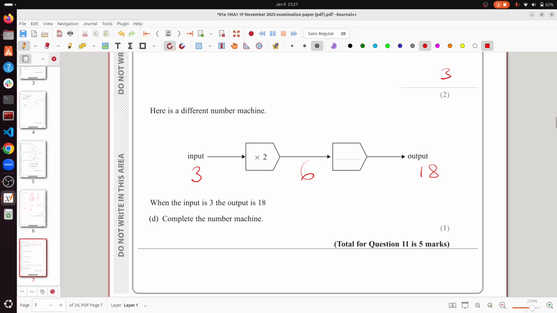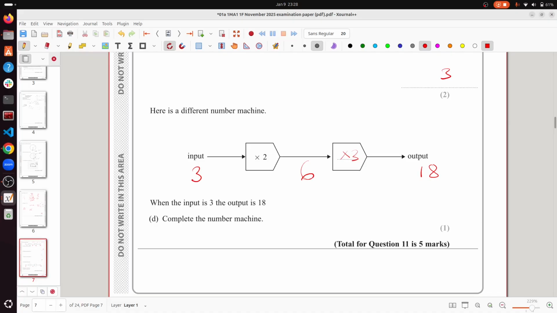It does not tell us if we have to use addition, subtraction, multiplication, or division. But ways we can go from 6 to 18, we could add 12. That will give us that. So we could put plus 12 in there, and that's correct. Or we could also put multiply by 3.